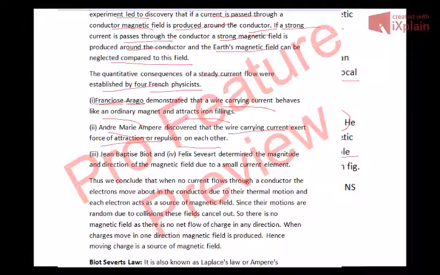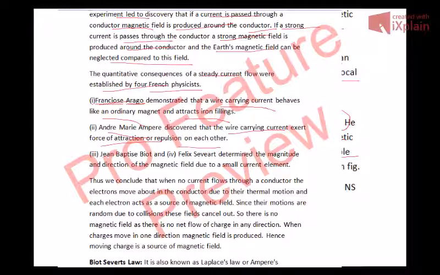The two wires do the same thing. If they are brought close to each other and the current is in the same direction, they attract each other, and if the current is in the opposite direction, they repel each other. So they attract or repel like an ordinary magnet.